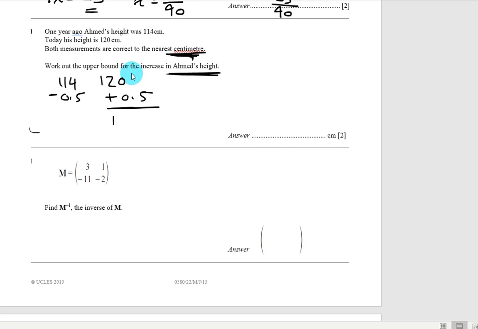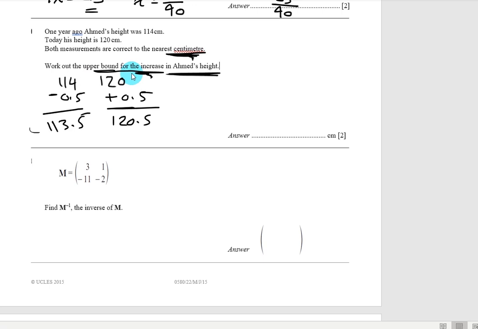So today Ahmed's height has upper boundary 120.5, and here 113.5. Now he asks about how much the upper bound of increase in Ahmed's height is.